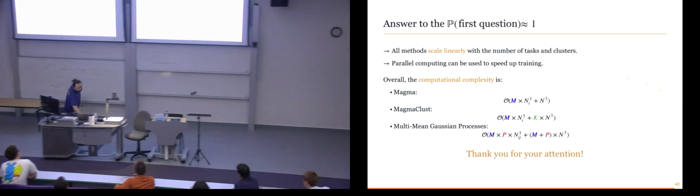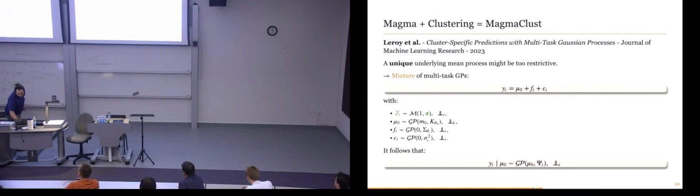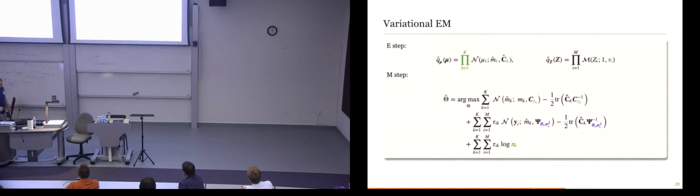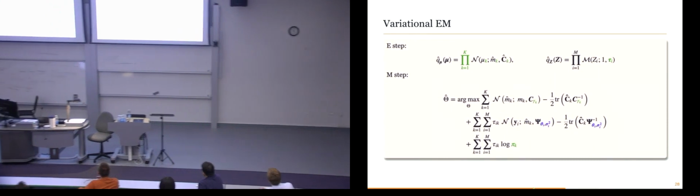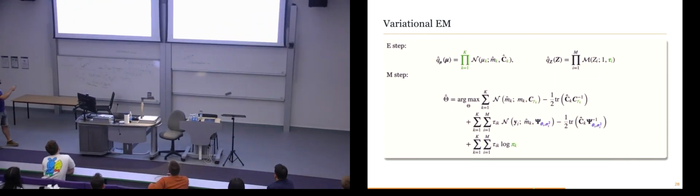If you remember, I can just get back to that, it will be clearer. Right here. All the magic is here. During the E step, you compute basically the shape of the mean processes, and this little guy here is the probability to belong to each cluster for one individual.